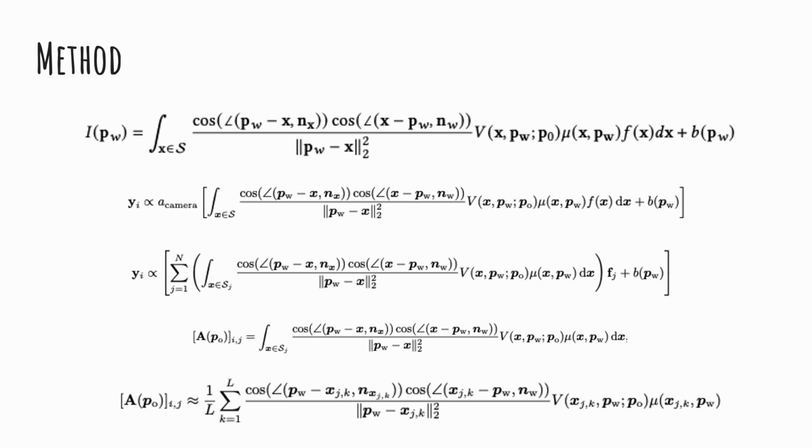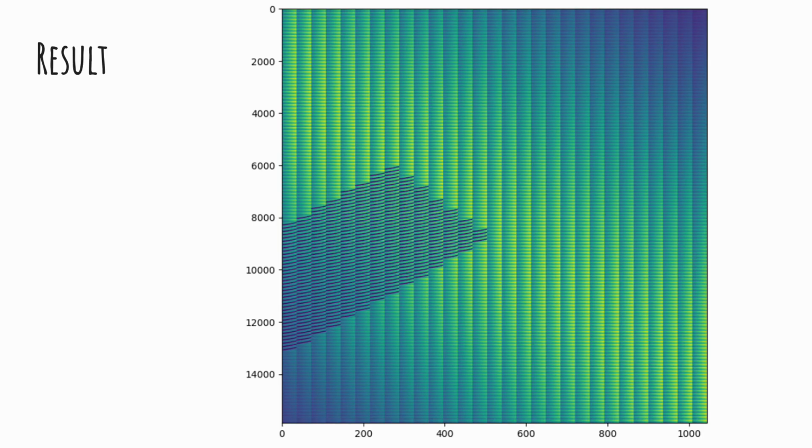To further estimate this integral as a sum of piecewise linear components, we can write it using L samples down below, and that's the last equation. If you are able to implement this equation, you can have an estimate of the light transport matrix given the occluder position P0. And here is the light transport matrix that I got from the data in the paper.